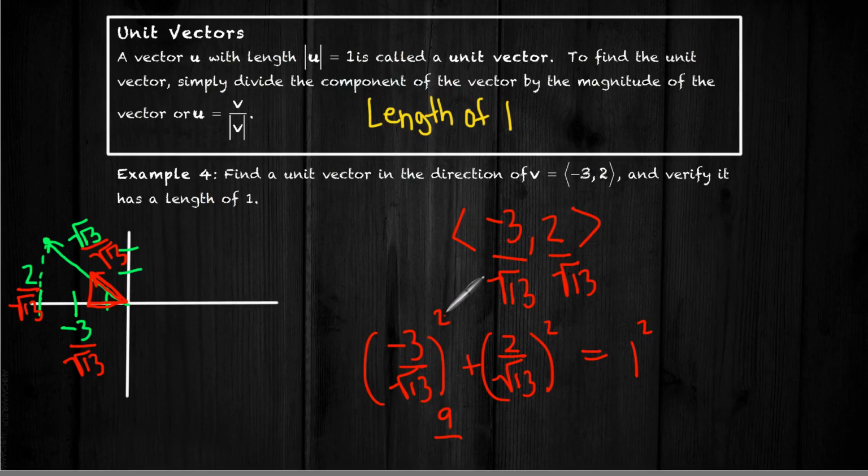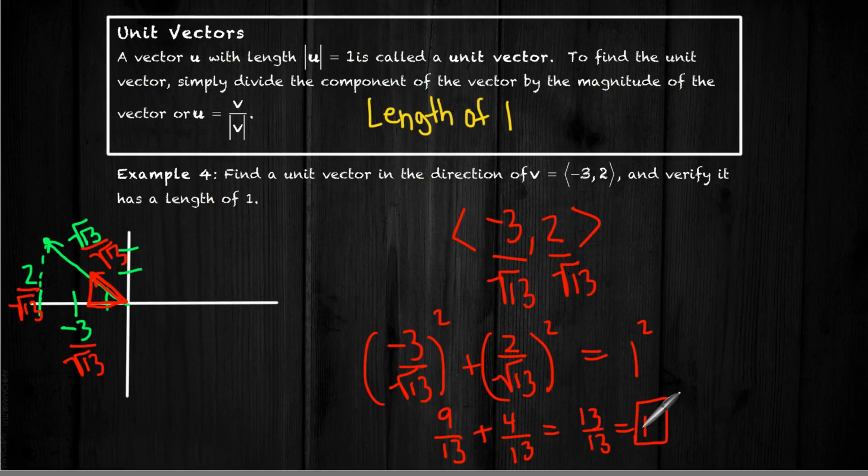Root 13 squared gets rid of the root, so that's going to be 13. Plus 2 squared is 4. Root 13 squared, once again, when you square a square root, it gets rid of the square root, and that leaves you with 13. So 9 plus 4 is 13 over 13, which is 1, and the square root of that is 1.